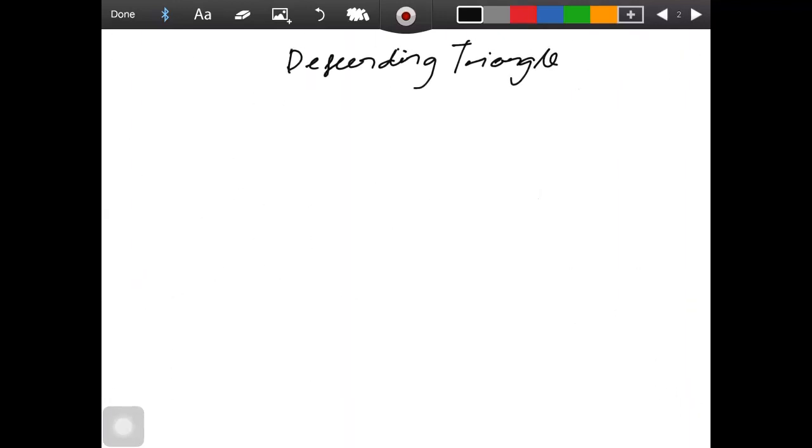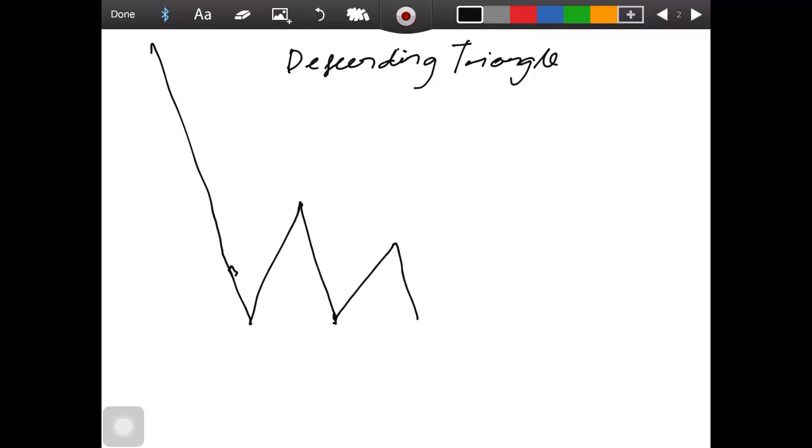The same applies for your descending triangle. We're already in a downtrend, and you start seeing price go up, correction, it comes down, it fails to break that support, it comes up, does a higher low, comes down, fails to break the support, goes up, does a higher low again. At that point, your mind should already start telling you that this is a descending triangle, and a possible continuation is about to happen here.